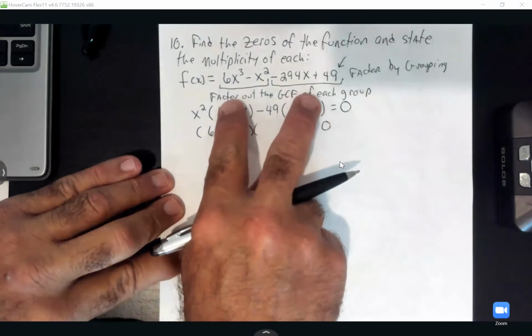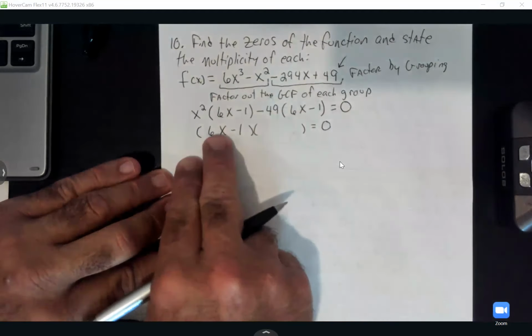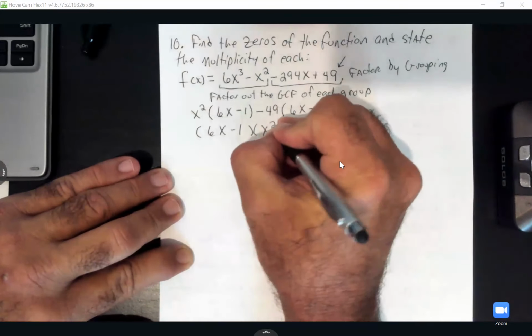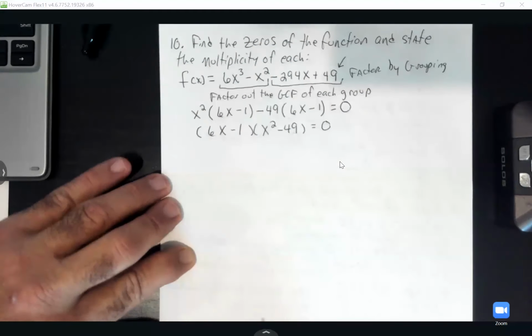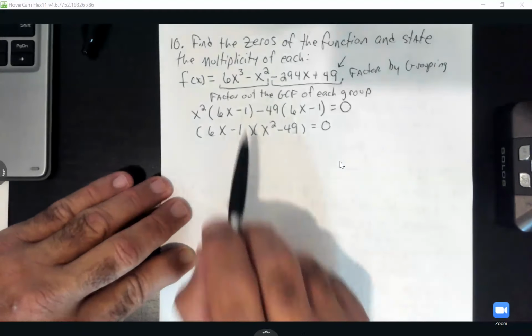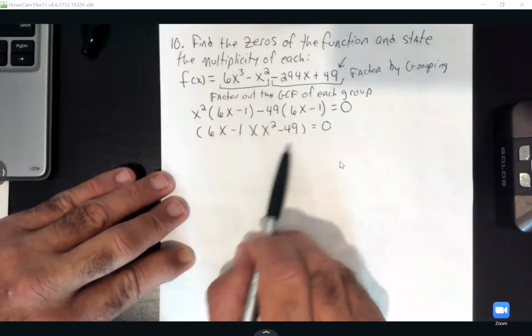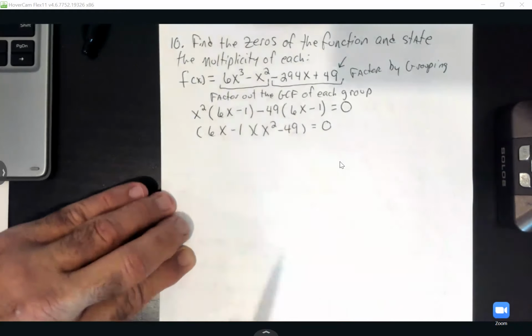And y'all remember? X squared minus 49. Exactly, because you factored out that 6x minus 1. So what's left is that stuff on the outside, which is the x squared minus 49. So it's almost like your parentheses match up. The second parentheses always looks like the GCFs, okay?